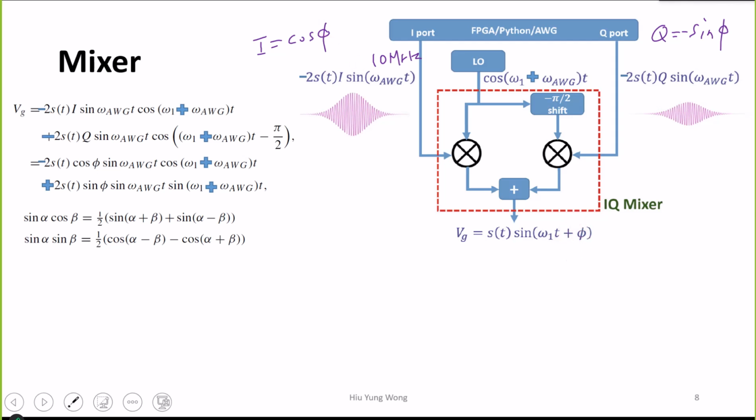Right? Okay, remember? So that's great. I don't need to generate the phase. I just adjust the voltage of my signal. Then I will be able to get the phase I want. So this signal will go through this mixer multiplied by this local oscillator. This local oscillator is a frequency, omega 1, that's what we want, plus this AWG. So this might be 5.01 gigahertz, right?